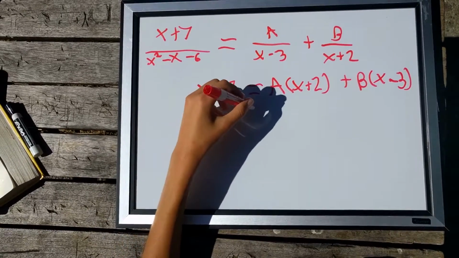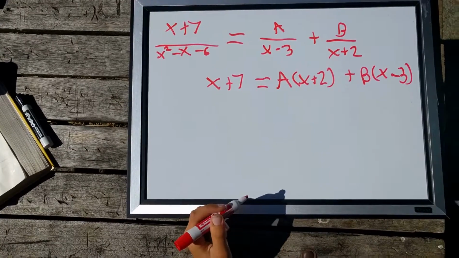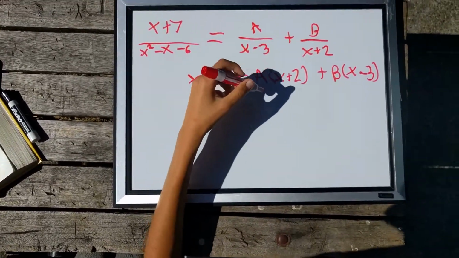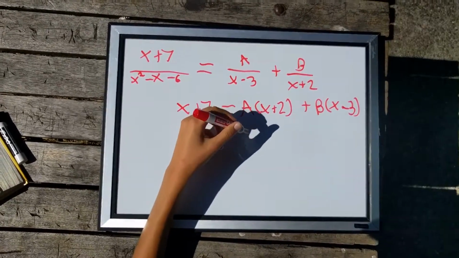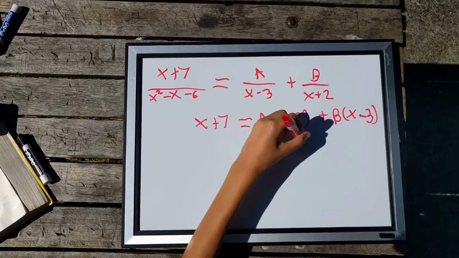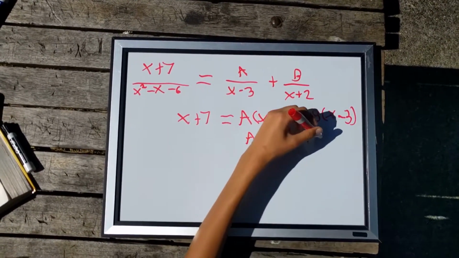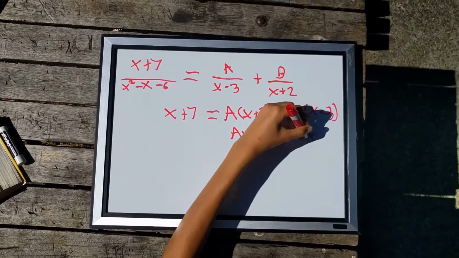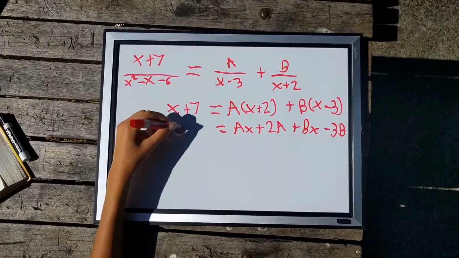The next step you want to do is multiply A throughout x plus 2. So you'd have Ax plus 2A, plus you multiply B out to get Bx minus 3B, which is equal to x plus 7.